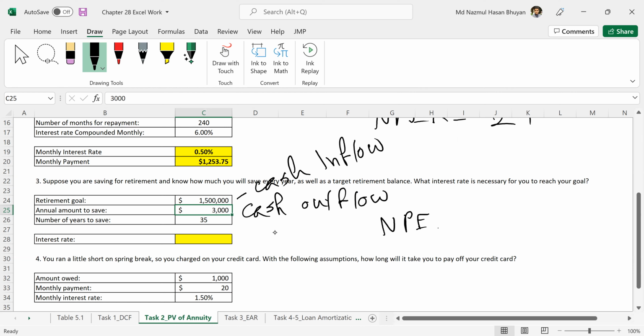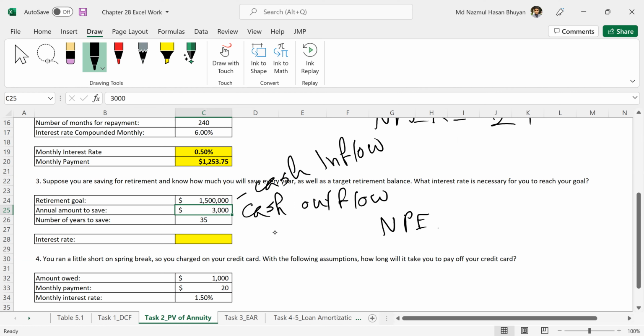All right. Next, you ran a little short on spring break, so you charged on your credit card with the following assumptions. How long will it take for you to pay off your credit card? You owe $1,000 and you are going to pay $20 per month. So your payment frequency is monthly.